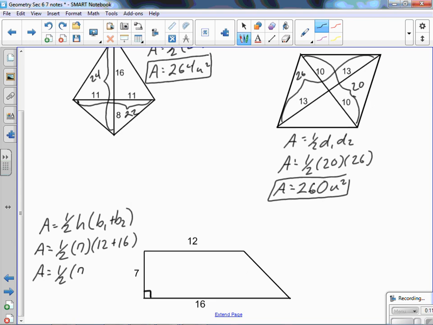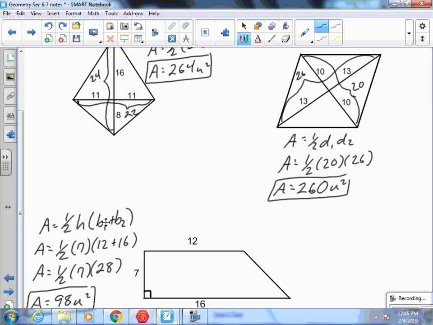So we've got 1/2 of 7 times 12 plus 16, which is 28. And multiply that out. 1/2 times 7 times 28 would be 98 units squared. Questions there?